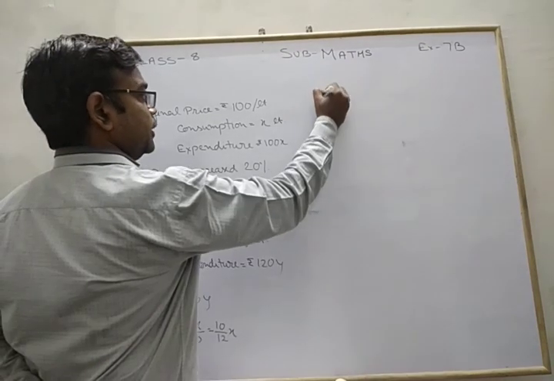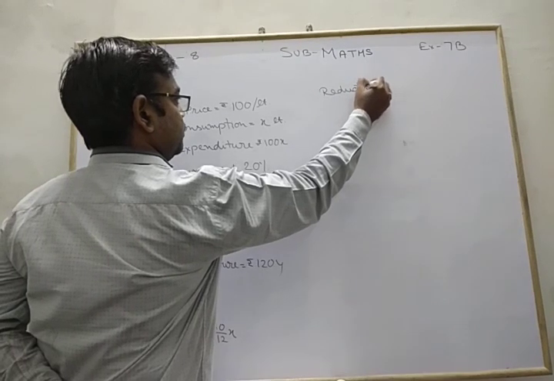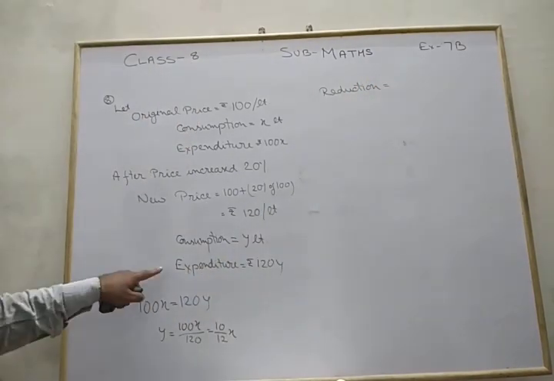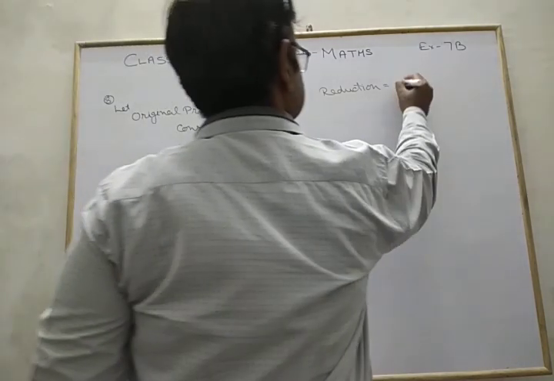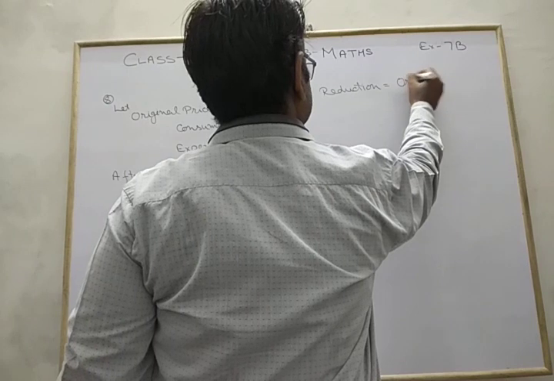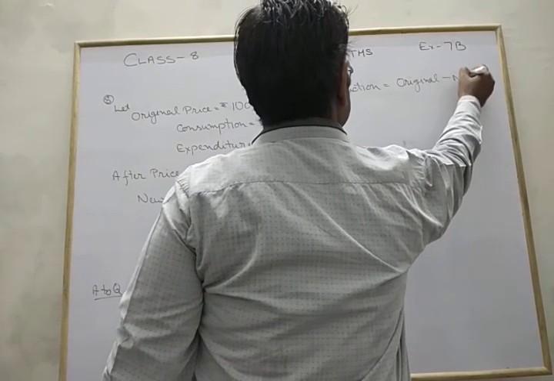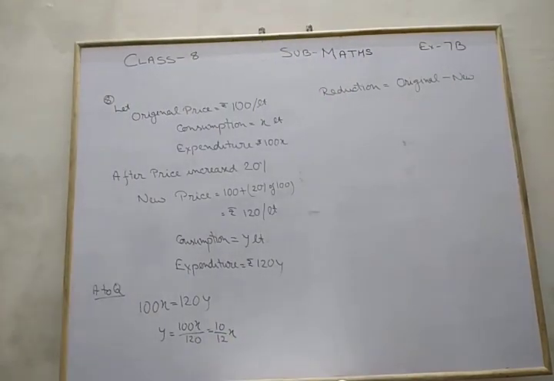We do the reduction. For reduction, we take original minus new. I am writing over here in the solve. Original minus new.